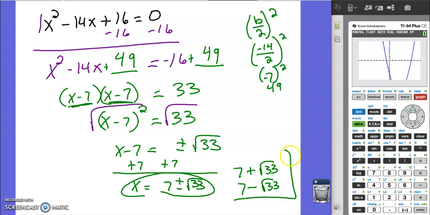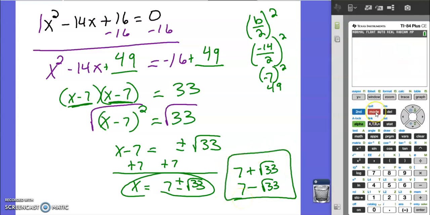Those are the exact answers. Now, if we were wanting a decimal approximation, then we could just type in 7 plus the square root of 33, and then 7 minus the square root of 33. And those would be my 2 decimal answers.